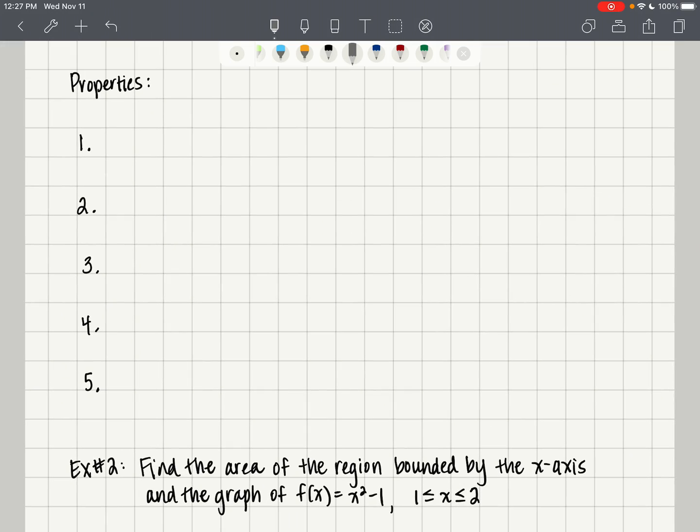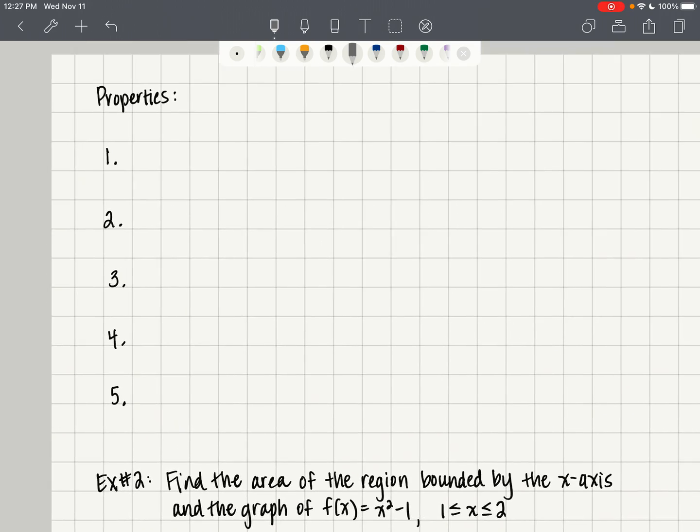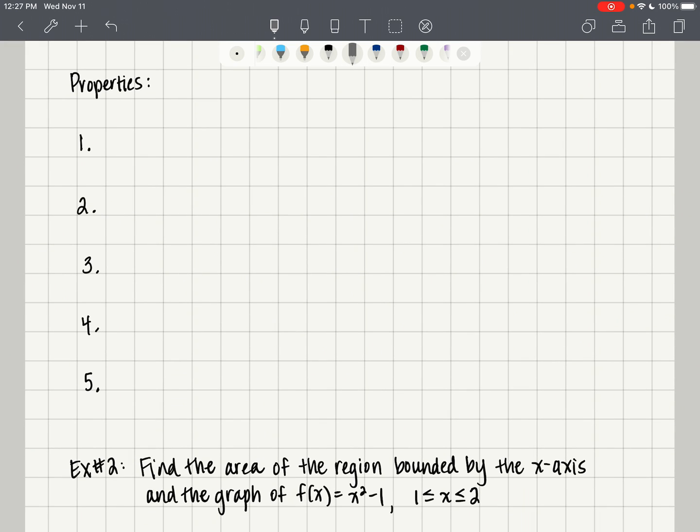So this video is going to include the definition of the fundamental theorem of calculus, which we just went over, and also some properties of our definite integral. When you hear definite integral, you know that you have limits of integration. You have a lower limit, a, and an upper limit, b.